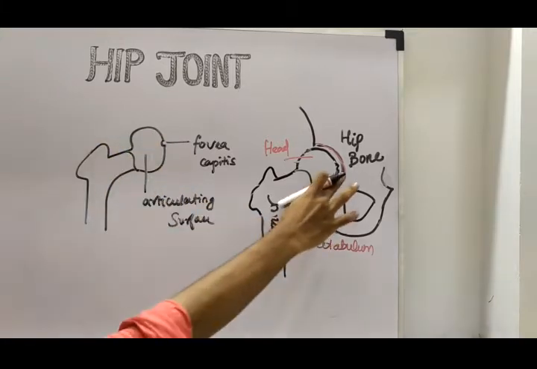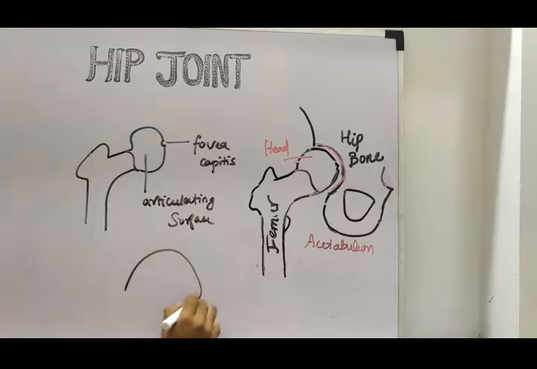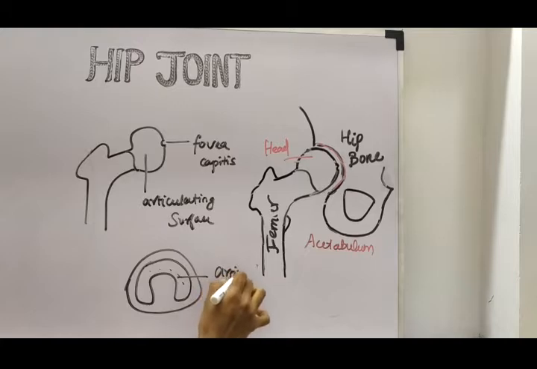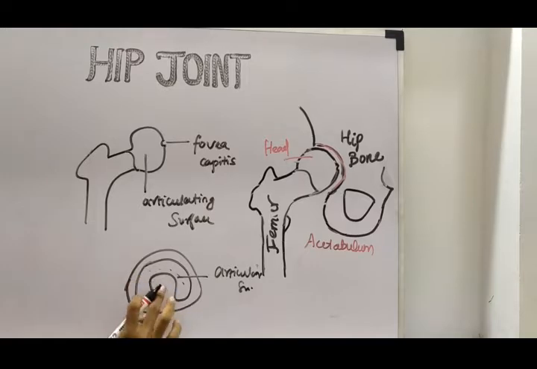So now we are seeing the acetabulum. The acetabulum will be looking like this, as I showed you in the model, right? This crescent shaped portion is the articulating surface, and this is the non-articulating surface, and this is called the acetabular notch. Like in a mobile phone we have a notch, right?